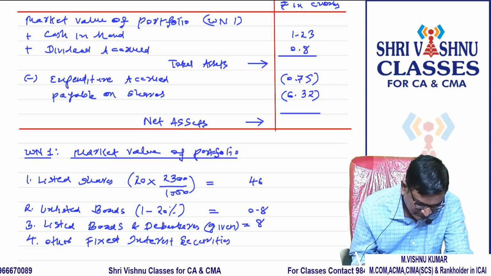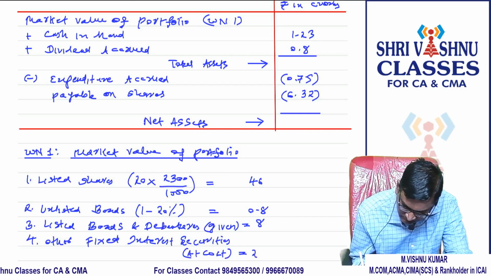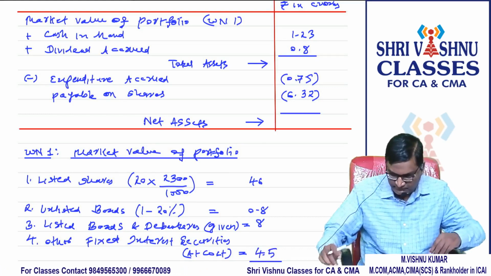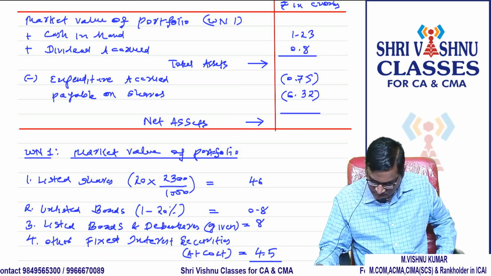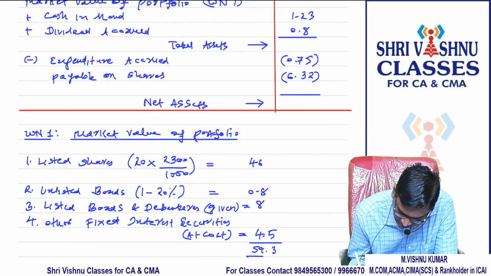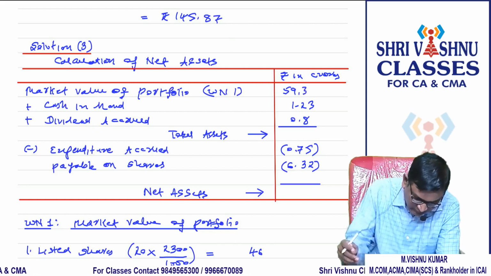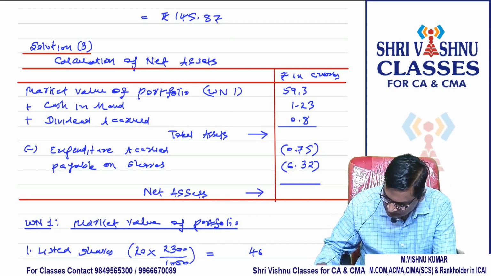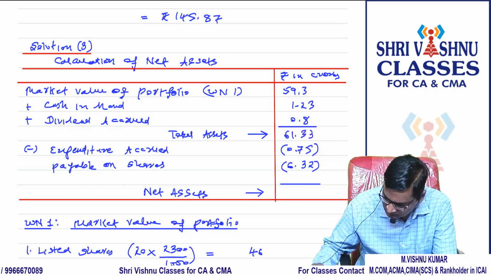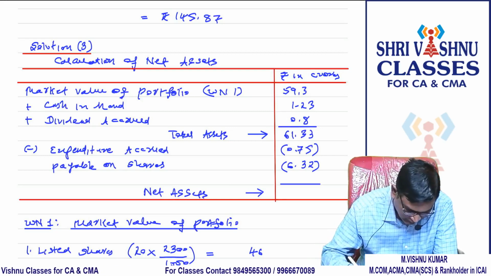Other fixed interest securities. This is also at cost. 4.5. 59.3. 54.26.